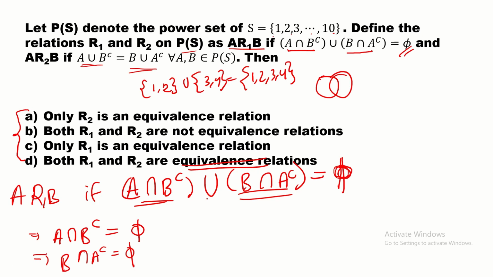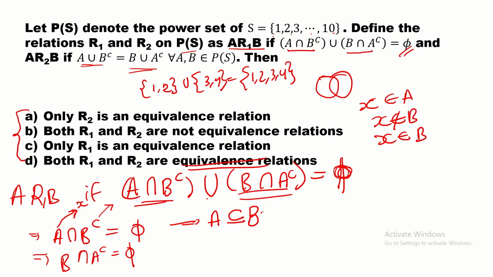So from here, if an element of A does not belong to B, this means that A is a subset of or equal to B. Because if X belongs to A, but X does not belong to B, then X will belong to B complement, because both of these are interchangeable with each other.